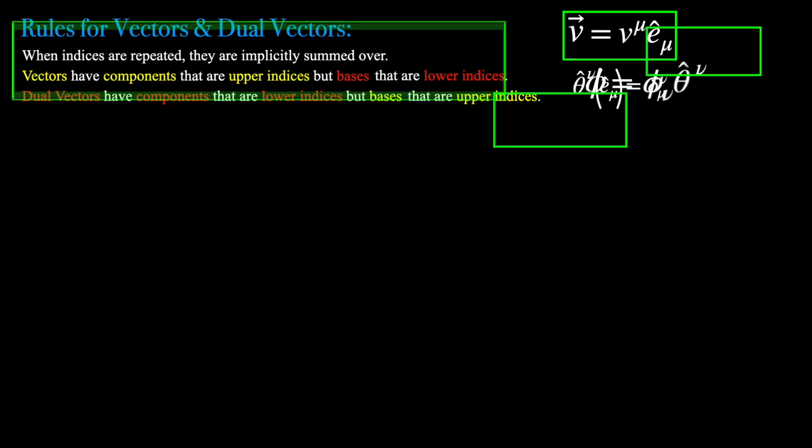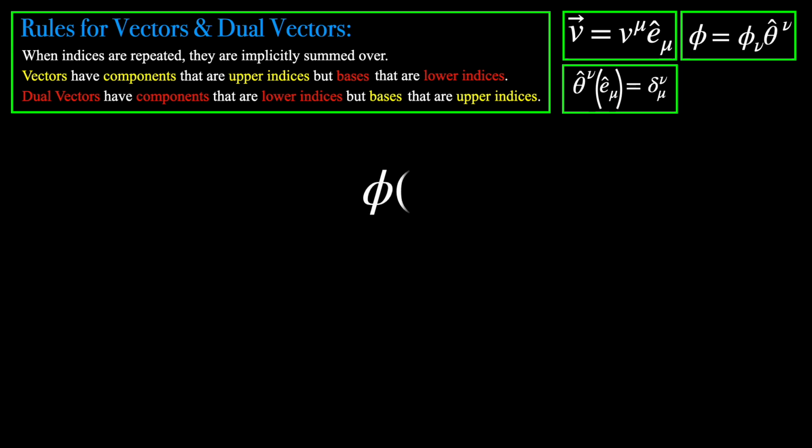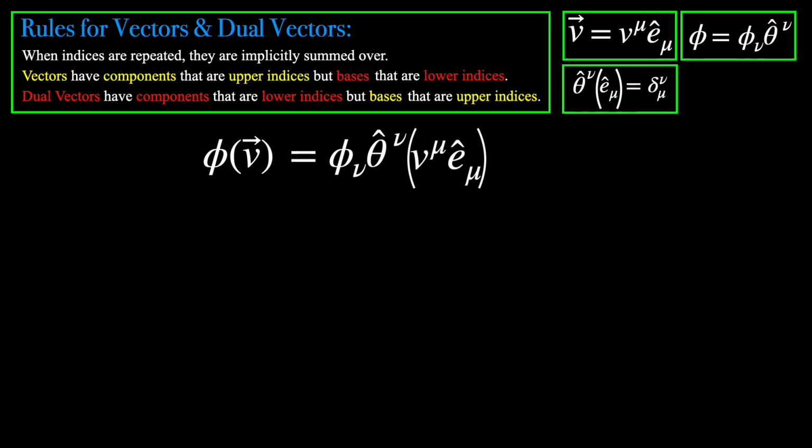Okay, so now we are ready to see how dual vectors act on vectors in this notation. If we simply use the results we have just derived, we can write phi acting on a vector v as this expression, where there are 2 sums implied, one over nu and the other over mu. Now, one of the strengths of Einstein notation is that since these indices are the things telling us how to sum, we can change the order of this expression around and it will still mean the same thing.